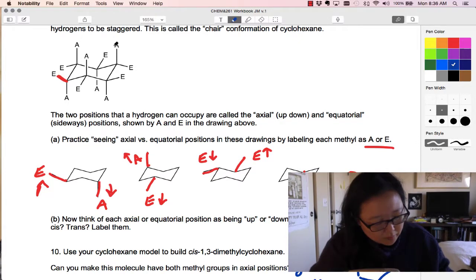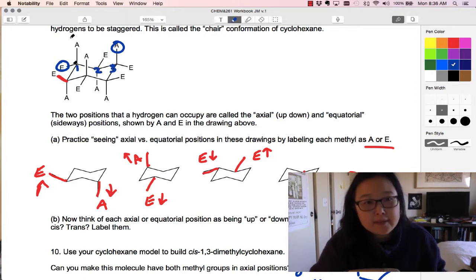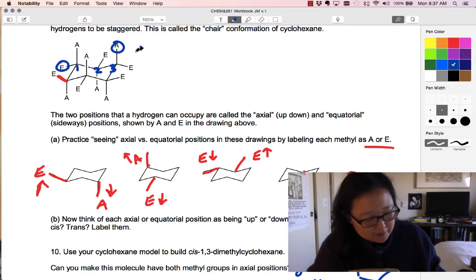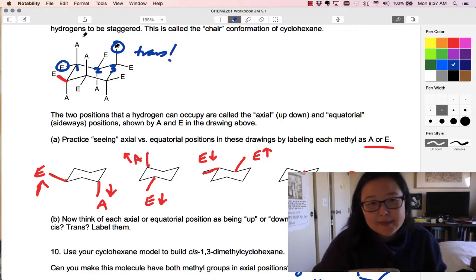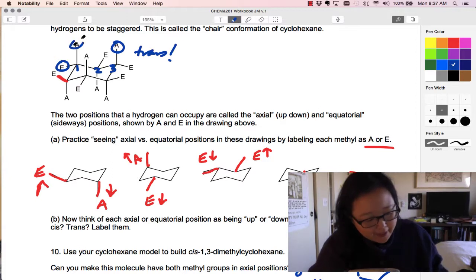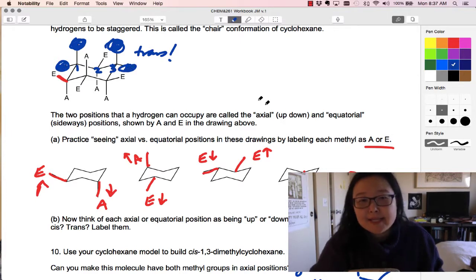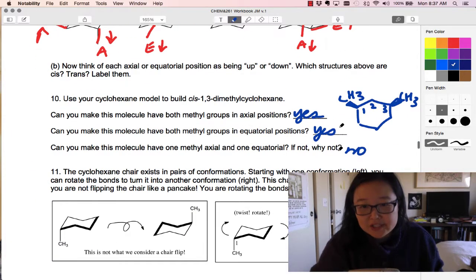If I made one of these axial and one of these equatorial, maintaining my 1, 2, 3, they're 1,3 dimethyl, if that one was axial and one was equatorial, then I'd have an up and a down, so that would be trans. That couldn't be cis. So they either have to both be axial in this 1,3 position, or they have to both be equatorial in order to maintain their cis relationship.